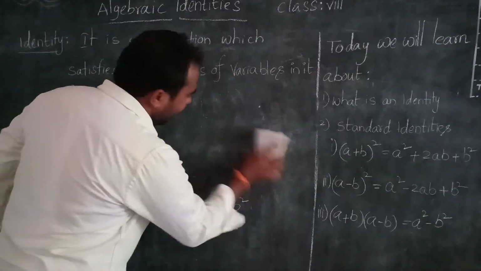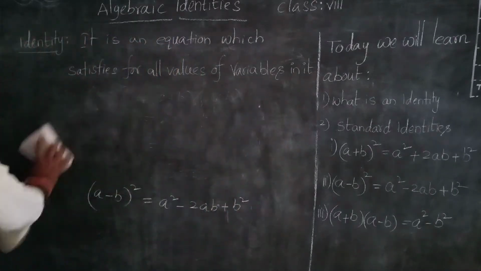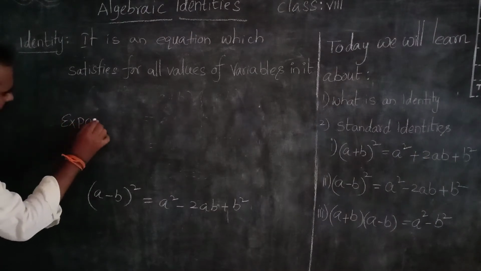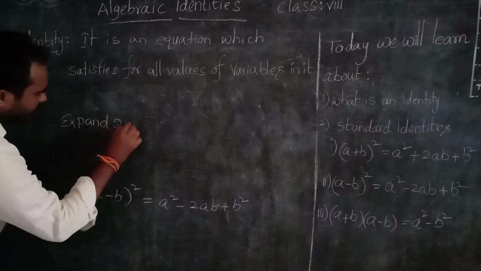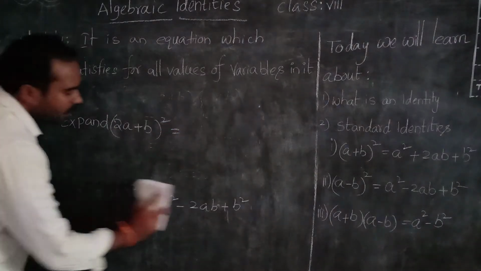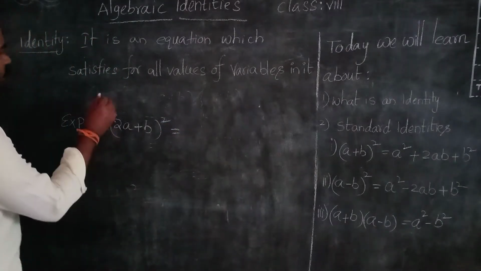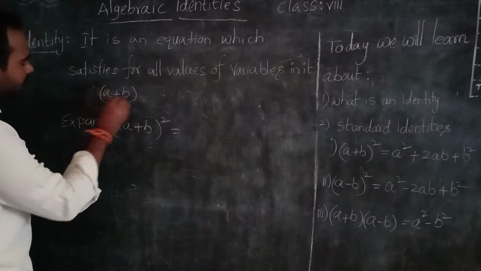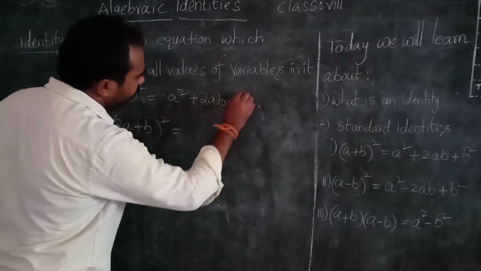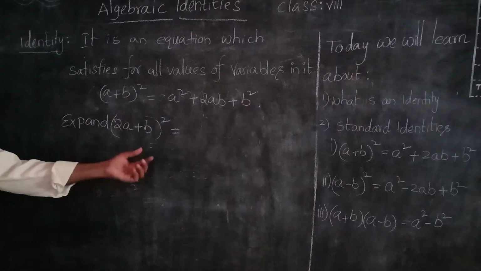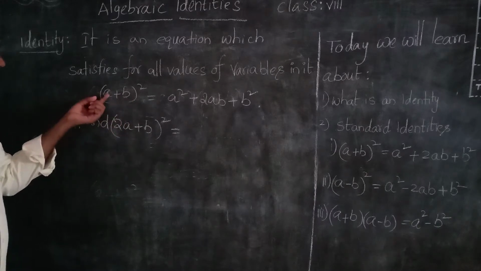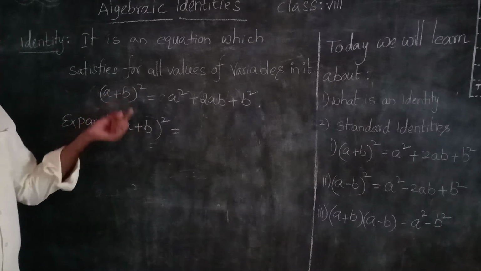First one, expand (2a plus b) whole square. Now it is in the form of (a plus b) whole square. We know that (a plus b) whole square is equal to a square plus 2ab plus b square. So if you compare (2a plus b) whole square with (a plus b) whole square, the a value becomes 2a, and the b value is b only.